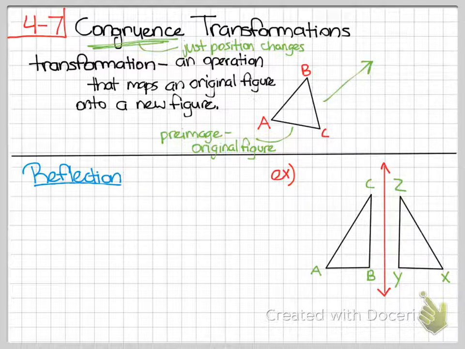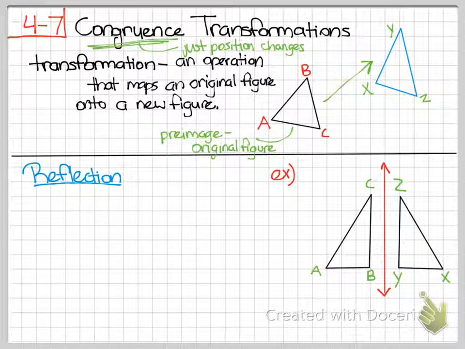I can just slide it up a little bit, and I can map it up here. And a congruence transformation would be one where the size doesn't change at all. You can see here that the size has changed some, but I'm just not good with guessing the size on that. The new image, the new figure here, is called the image.